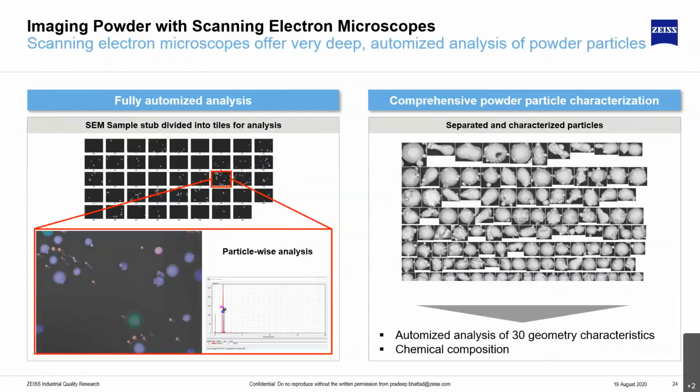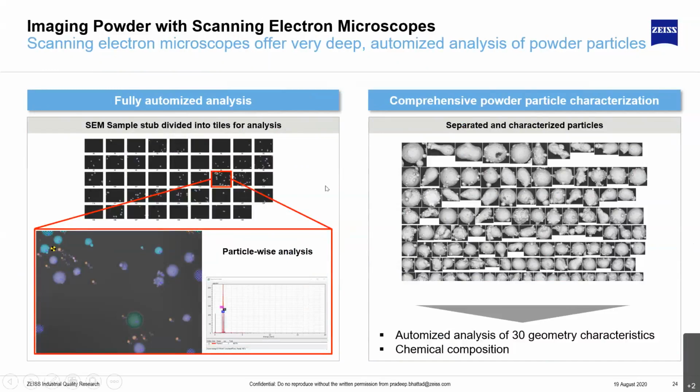If you add an additional level of information to your powder characterization, not relying only on the size and shape, but also understanding the chemistry of the particle, you can use SEM, and SEM gives you that added information. SEM, of course, can give you extremely high resolution images, so you can see the shape of the powder particles.